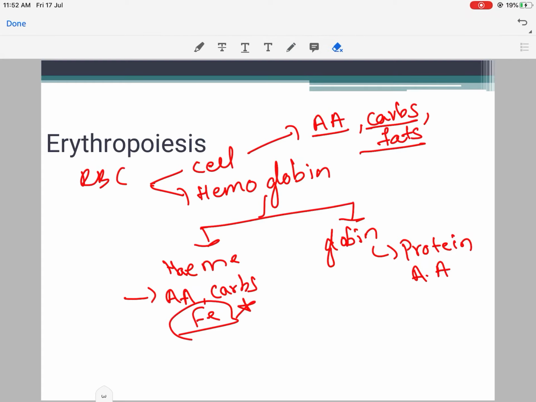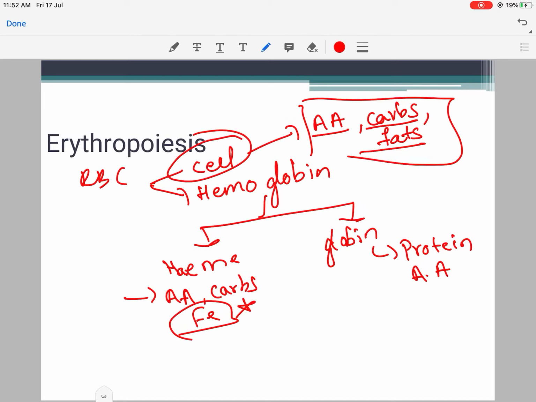Now how all these things are important is that if there is deficiency of, suppose, amino acid, carbs and fats, as a result the production of the RBCs will be reduced. Even though iron is normal, the patient will still have anemia.